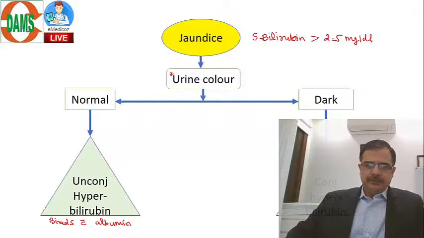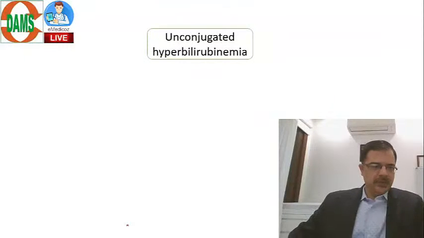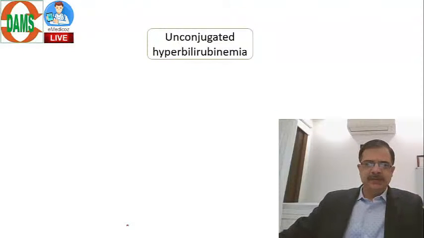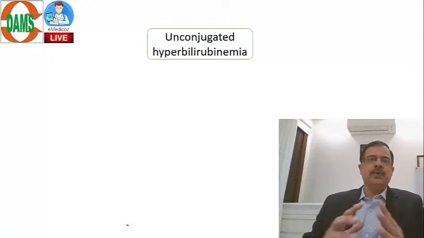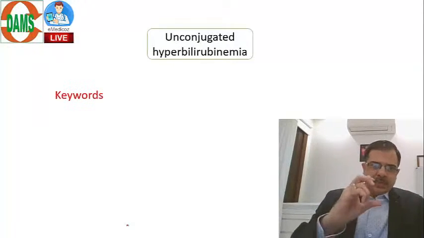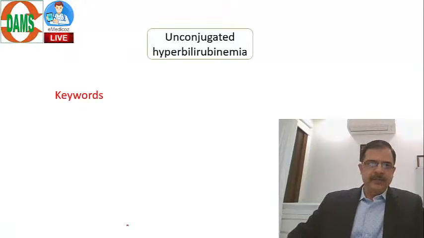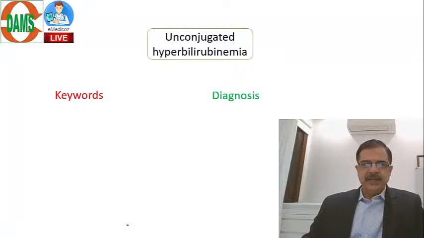Now coming to, suppose the patient has unconjugated high bilirubin levels. What should we do, and how to approach the patient, or how to approach the MCQ? Look for the keywords given in the clinical history, very important, and how to make a diagnosis from that clinical history.